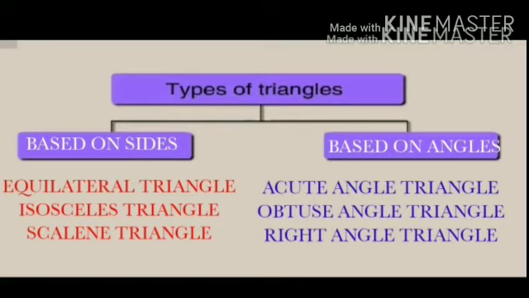The triangles based on sides are equilateral triangle, isosceles triangle and scalene triangle. And the triangles based on angles are acute angle triangle, obtuse angle triangle and right angle triangle. This we already know.